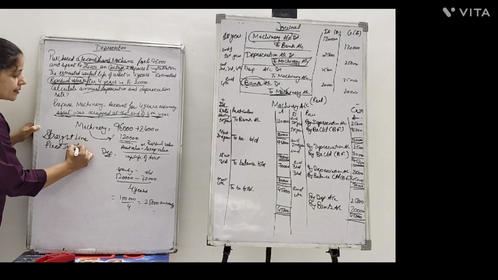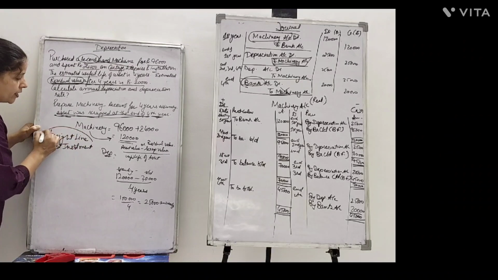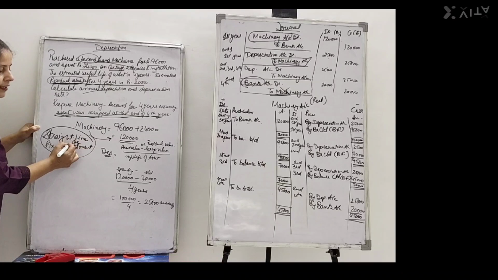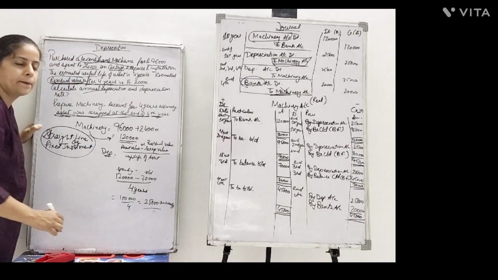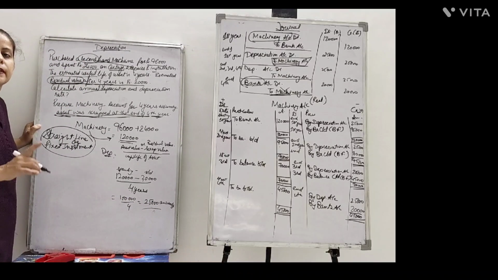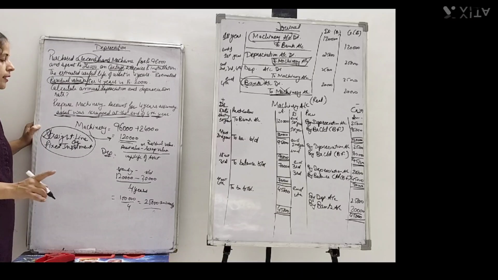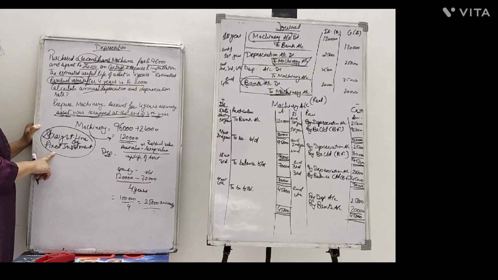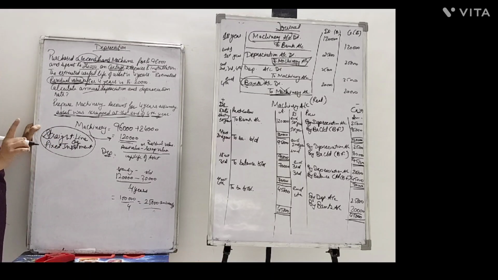We charge the depreciation by which method? That is fixed installment. Every year depreciation was charged with rupees 25,000. This is known as the fixed installment or straight line method. There are other methods also, but in your syllabus there are two methods. We will discuss the second one next.